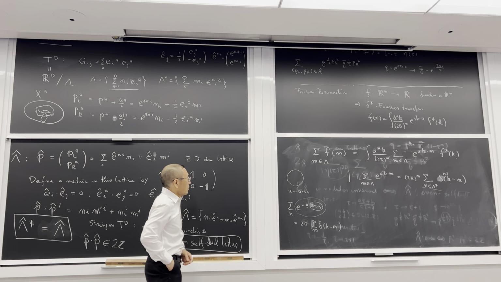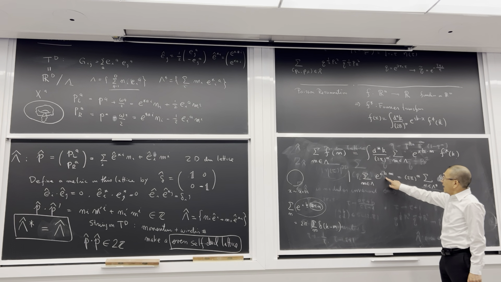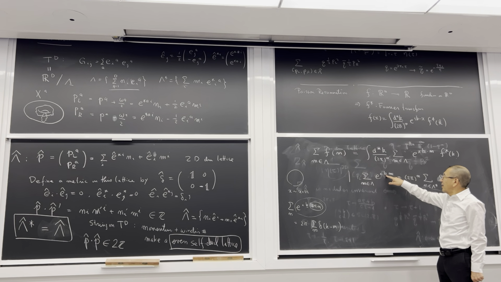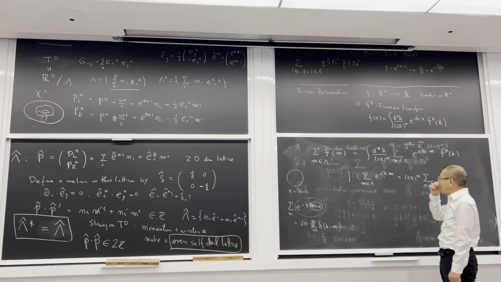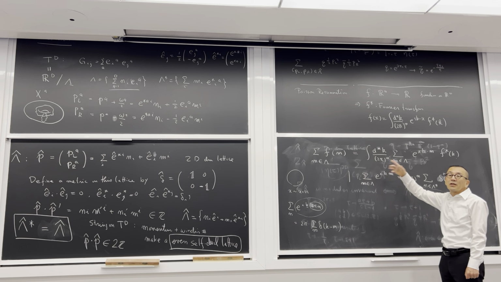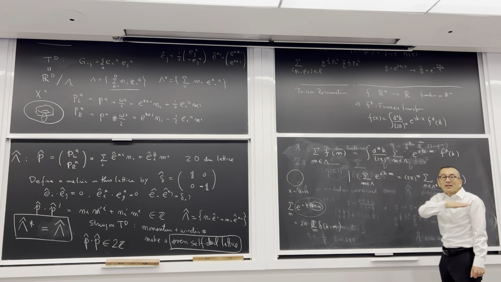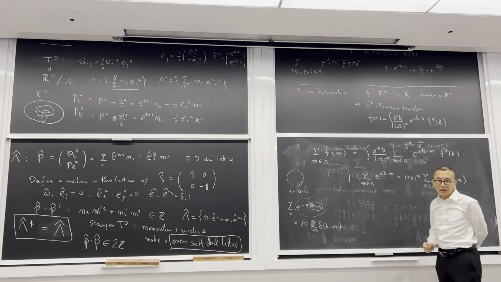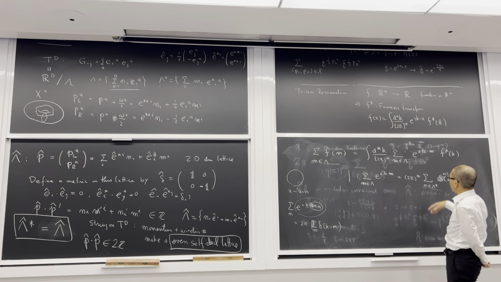This is a generalization of that. If k is not at a dual lattice point, that means k times m is not always an integer. In general, k times m is an integer only when k is in the dual lattice. So otherwise this is not an integer, you're summing over all of these, the phases cancel, and it becomes 0. If k is at a dual lattice point, then this is an integer. I think there must be a 2 pi missing somewhere.